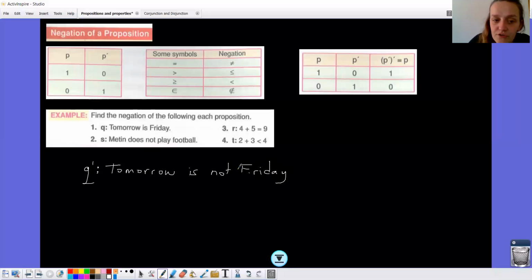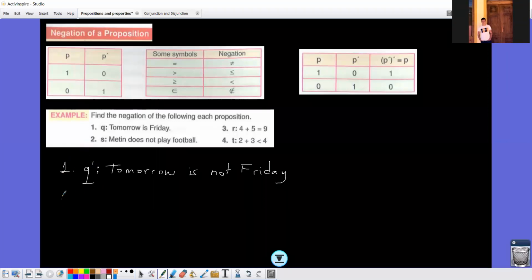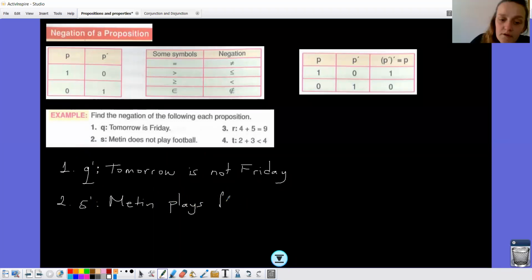This one is the negation of Q. In the second one, Metin plays football. Metin does not play football, so the negation of it will be Metin plays football. The third one: 4 plus 5 is not equal to 9.